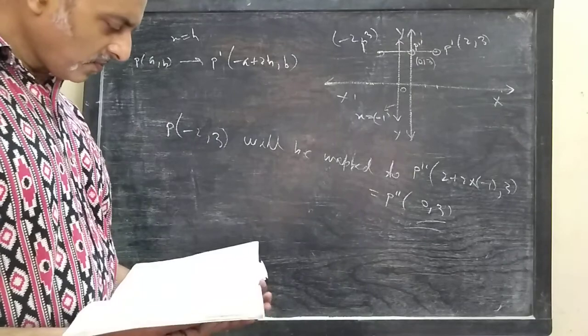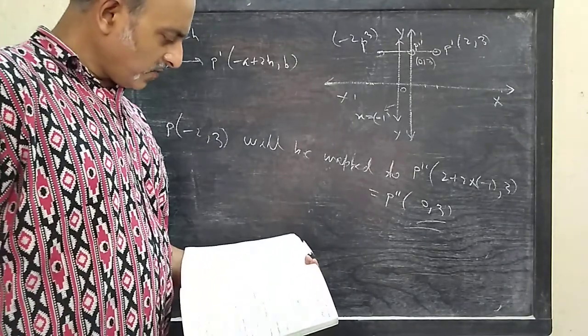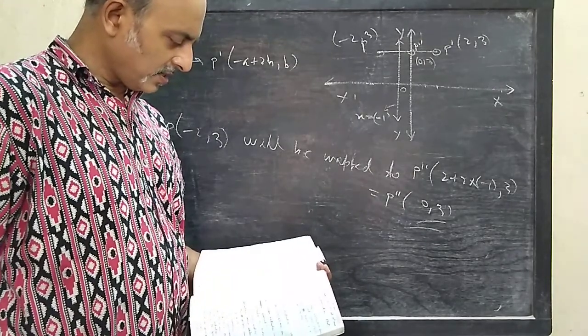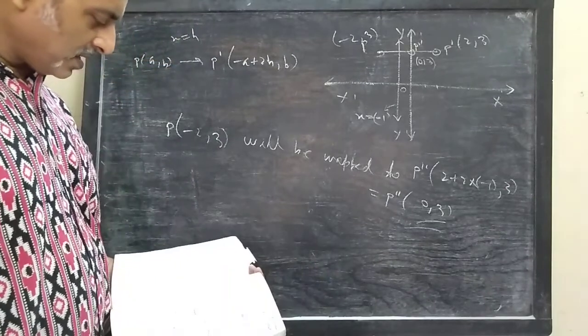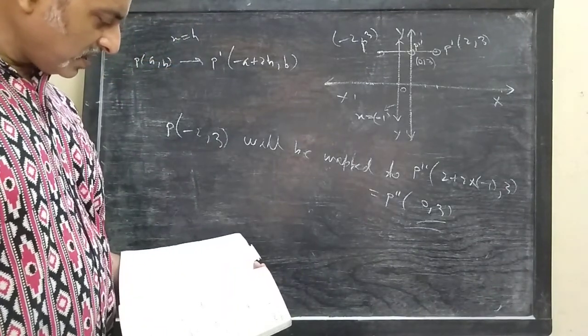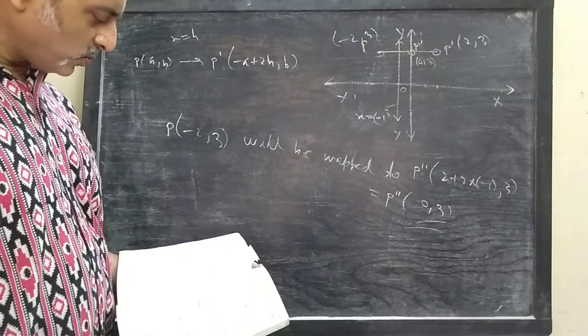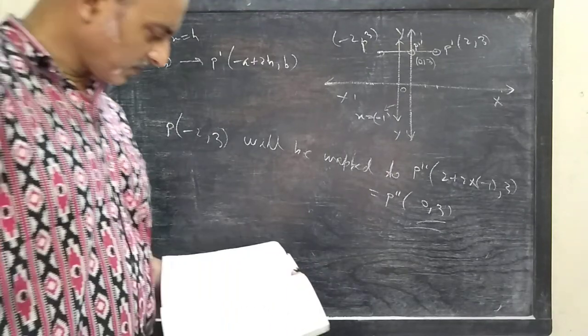Next question. A point P is reflected to P dash in the x-axis. The coordinates of its image P dash is 2, minus 3.